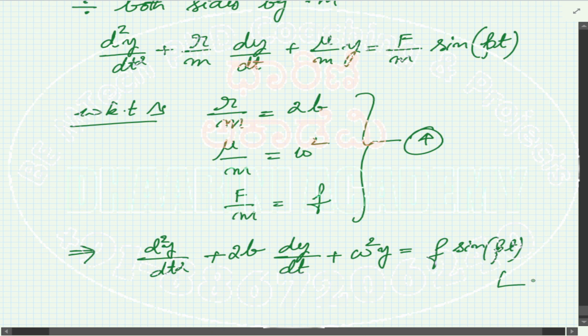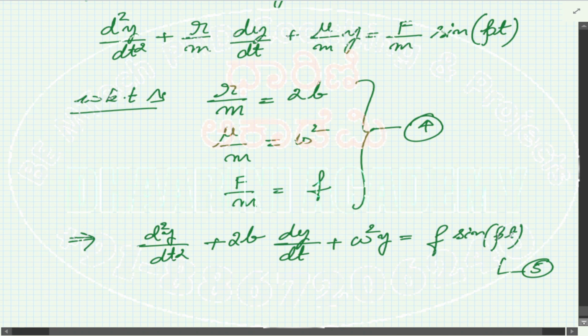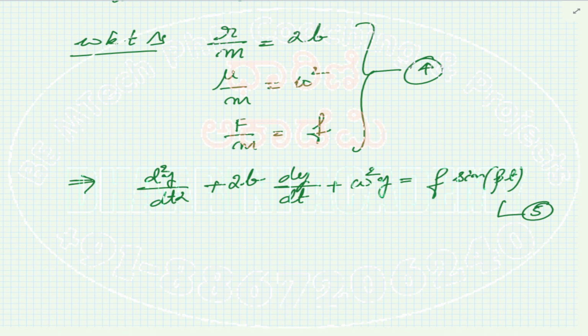So call this equation number 5. Again, this is a differential equation of motion of a particle. Whenever this reaches a steady state, the particle will vibrate with the frequency of the applied force, not with the natural frequency. Okay, so we'll directly go with the solutions now.